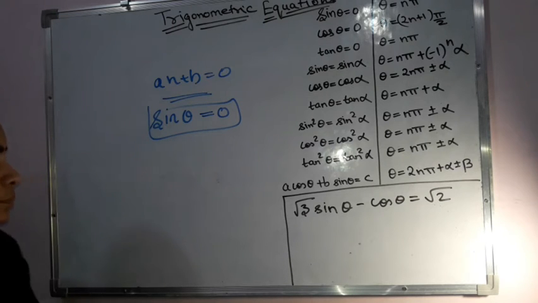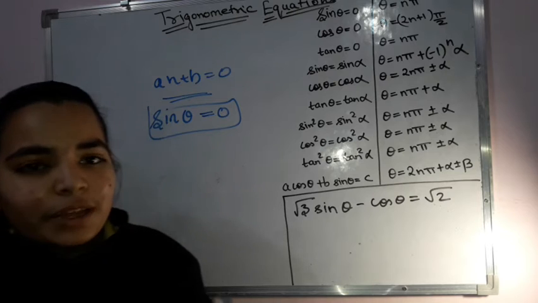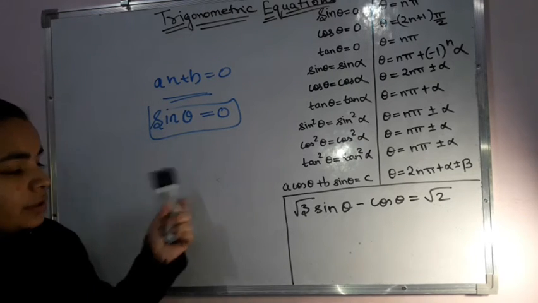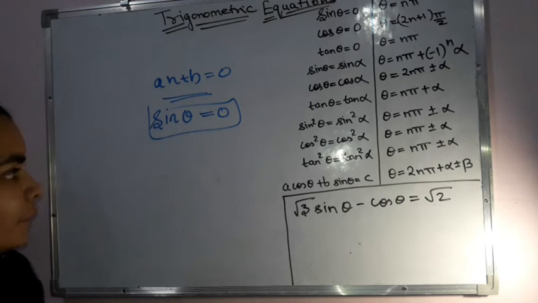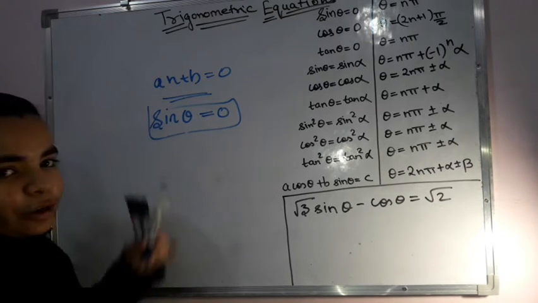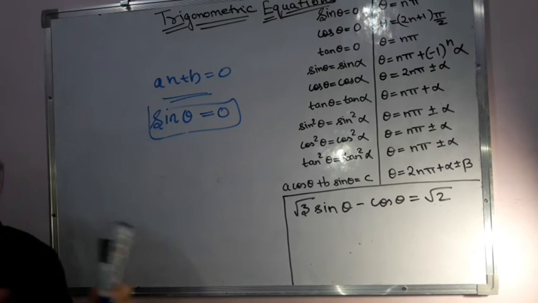Now, this could be linear, quadratic, cubic, and even of higher degrees. If the highest power of this variable is 1, it is my linear trigonometric equation.